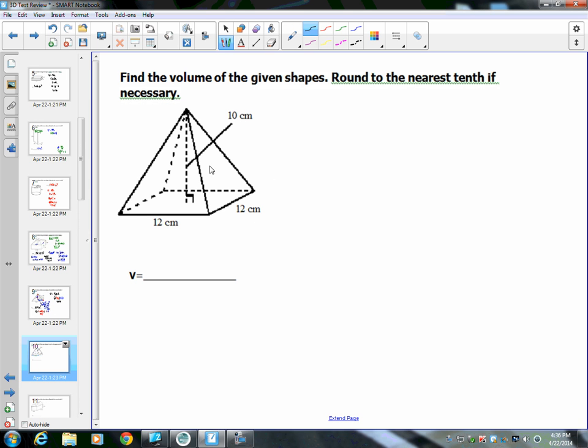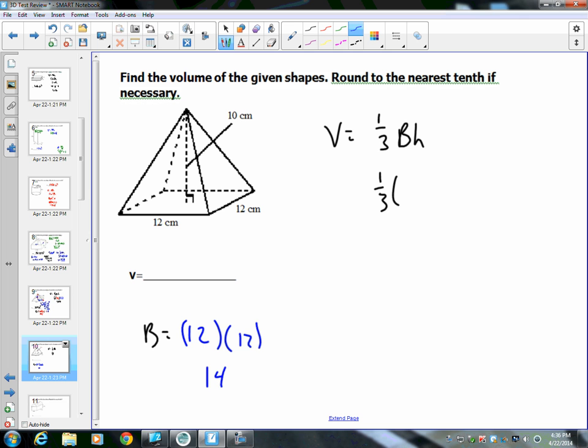The next one, this is another pyramid. In this case, again, the base is a square base. So we can say volume of a pyramid, 1/3 big B times h. Big B is the area of the base, which in this case is 12 times 12. 12 times 12 is 144, which is the exact same thing as what we got in the last example.